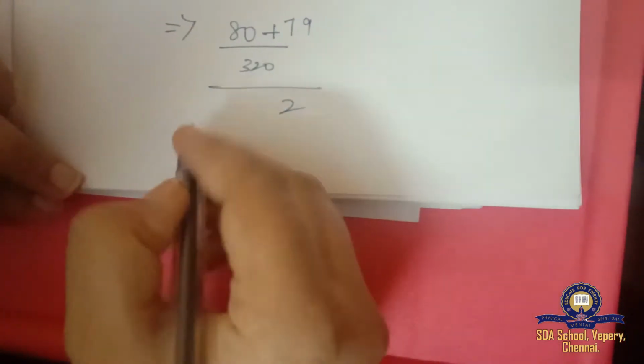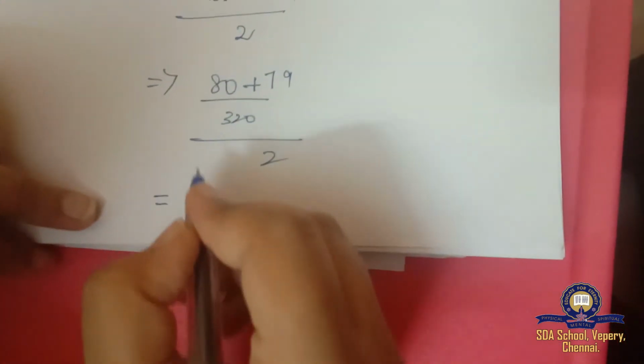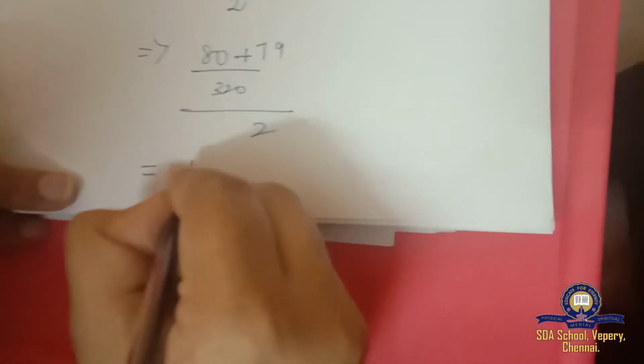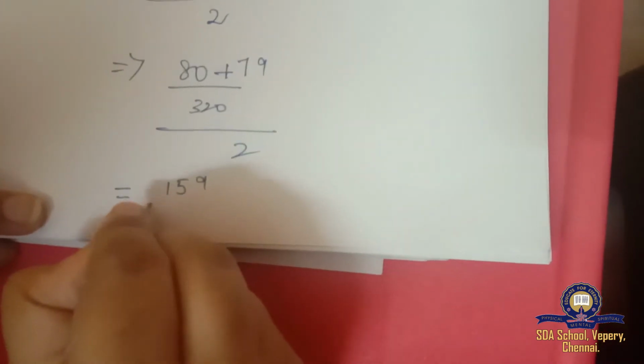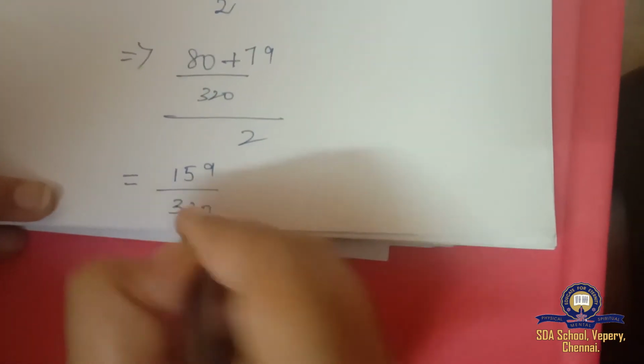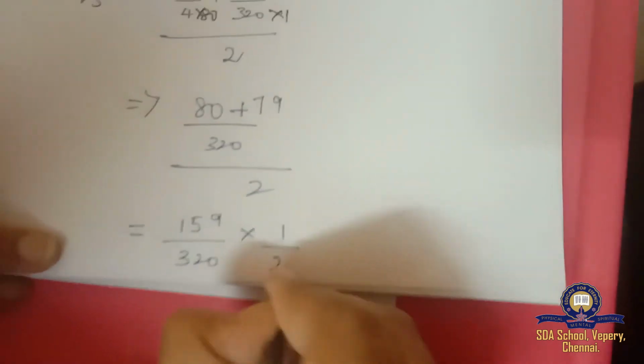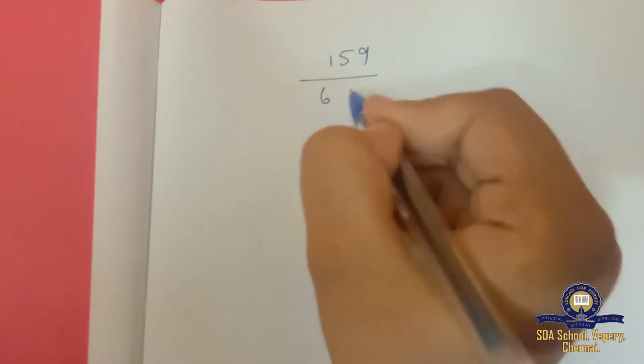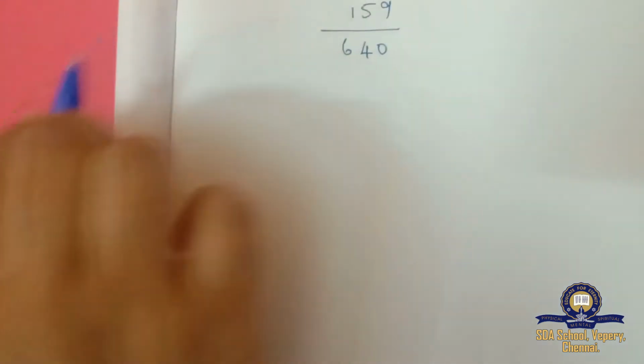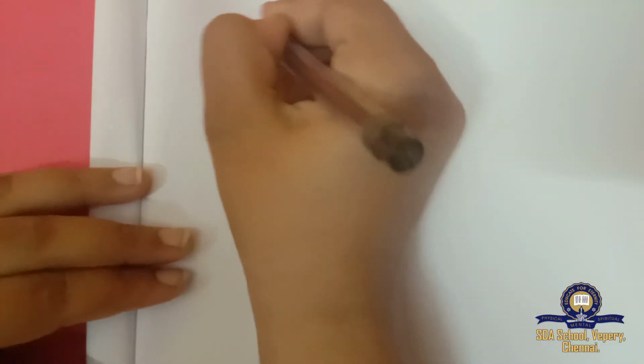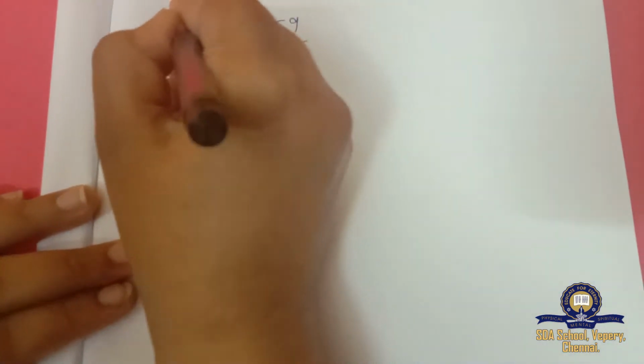Get it students? Then 80 plus 79 will give me 159 by 320 into 1 by 2, which in turn will give me 159 divided by 640. You get it? Therefore, Q5 equals 159 by 640.